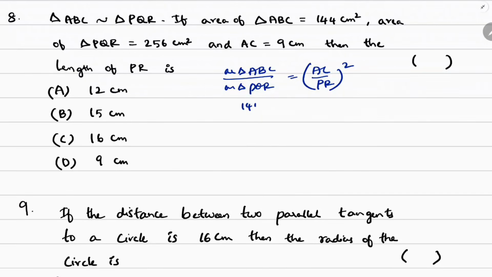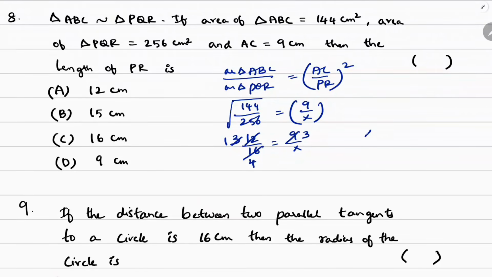Areas are 144 by 256. AC is 9 by x whole square. If I take the root, root 144 is 12, root 256 is 16, equals 9 by x. 4 times 3, 4 times 4, 3 times 1, 3 times 3. So if I cross multiply, the x value is 4 into 3, 12. So the correct option is A.